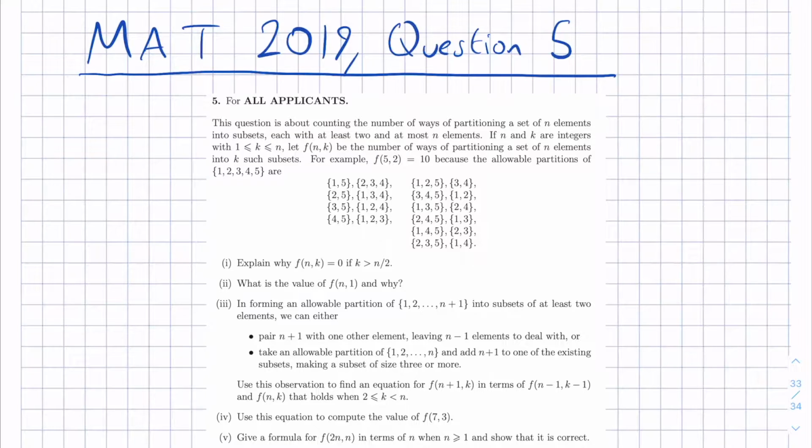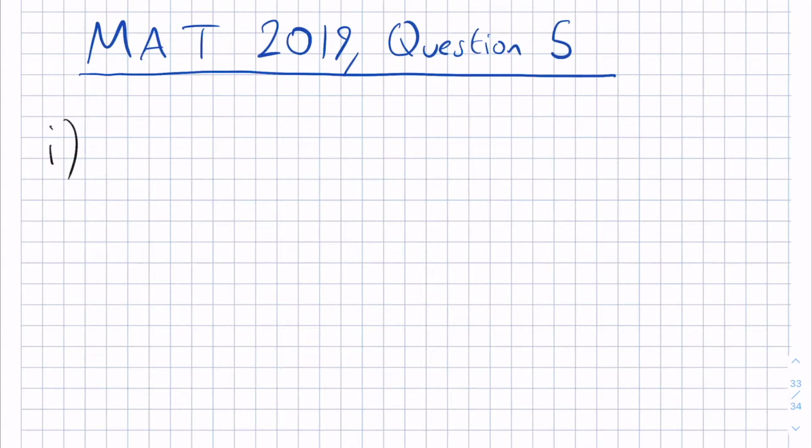The first part asks us to explain why f of n,k is equal to 0 if k is strictly greater than n over 2. So we have this condition, k is strictly greater than n over 2. Each of our k subsets has to have at least 2 elements. So we have to have at least 2k elements in our subsets overall.